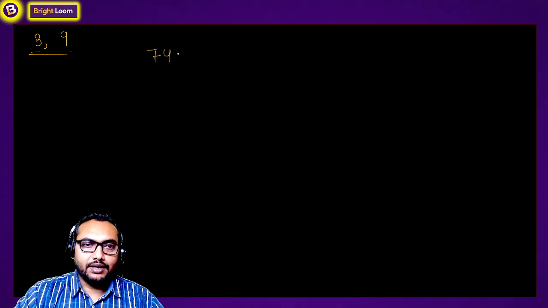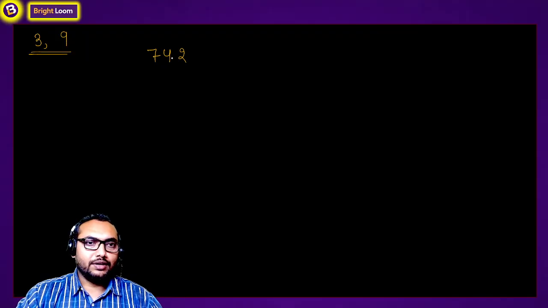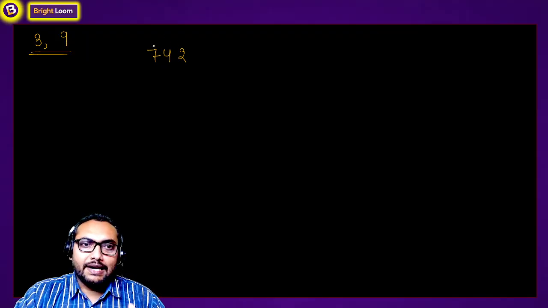Okay, now the next thing that we are going to learn here: how do we check whether any number is completely divisible by 3 or 9 or not? Suppose you have a number 742 and you want to check whether it is completely divisible by 3 or 9 or not. What you have to do here is just add the digits. So 7 plus 4, 11, 11 plus 2, 13.